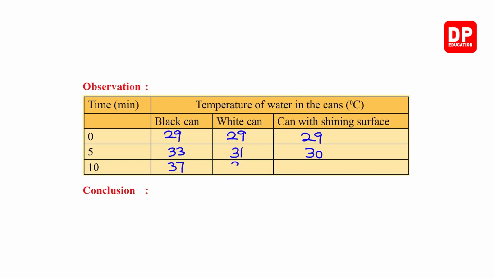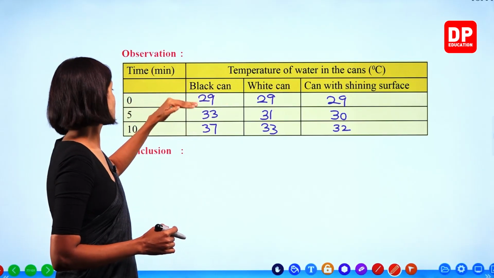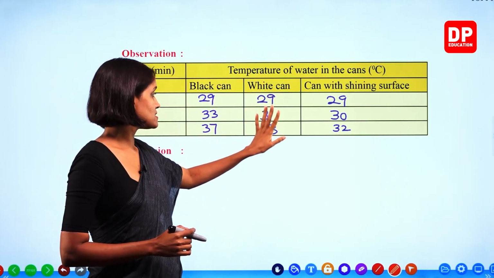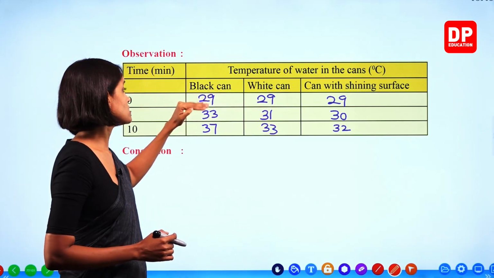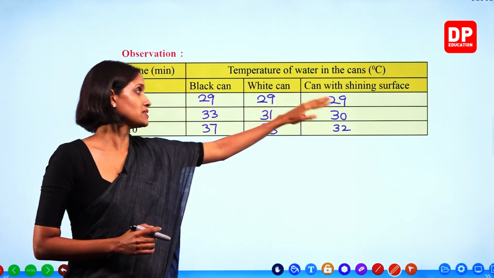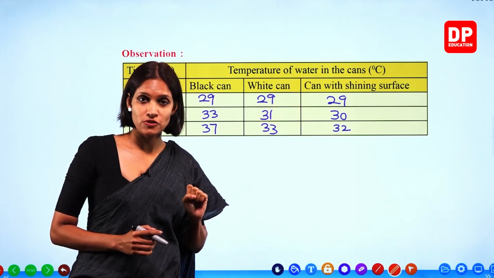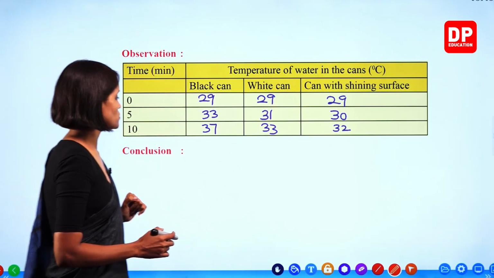Here it was 33. And here it was 32. So after both instances, after 5 minutes and 10 minutes, the white can's temperature was always lower than that of the black can, but higher than that of the can with the shiny surface.